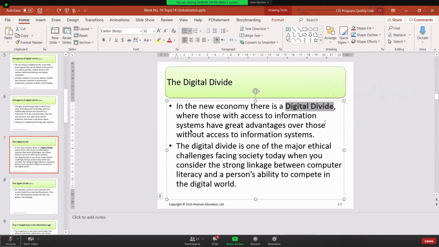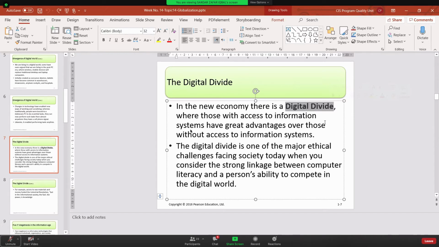Whereas in other parts of the country, it's not like that. They don't have internet, or have very slow internet. They don't have resources. This concept is called the digital divide: some people have all resources, and some don't have technology.